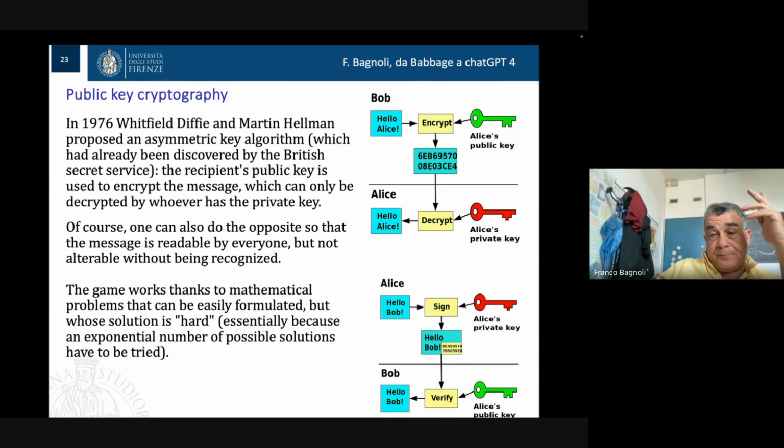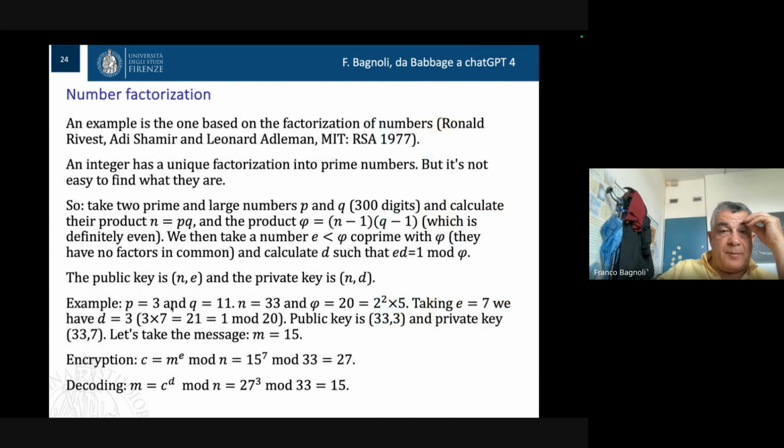Essentially, you need some hard problem to be solved in order to do this without having the keys.